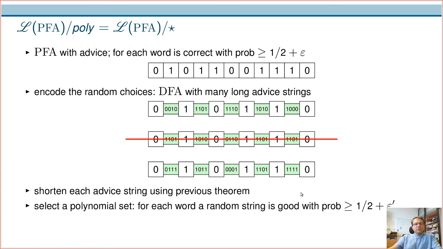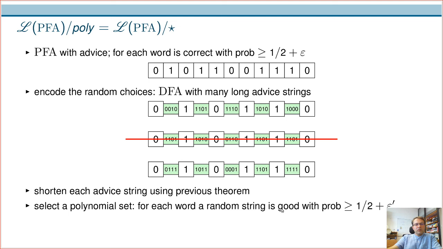And finally, we can use Chernoff bounds to argue that if for each word there is a fraction 1/2 plus epsilon of strings that are good, then we can select a polynomial set of these strings such that for each word a slightly smaller fraction, but still 1/2 plus some other epsilon of them is good.